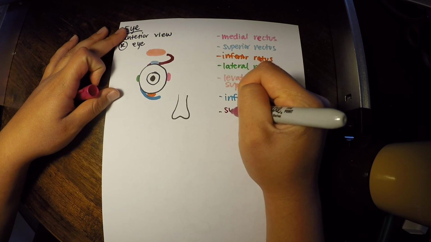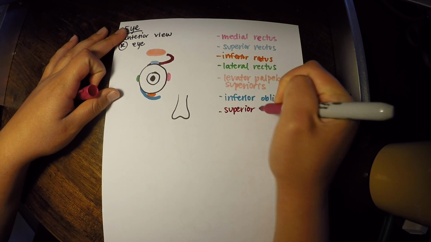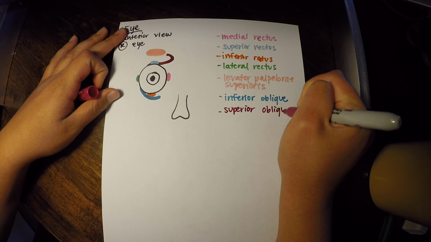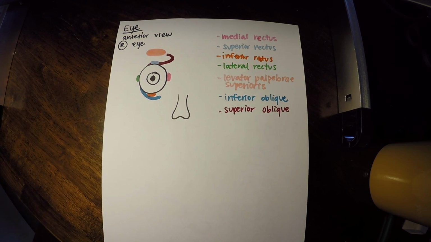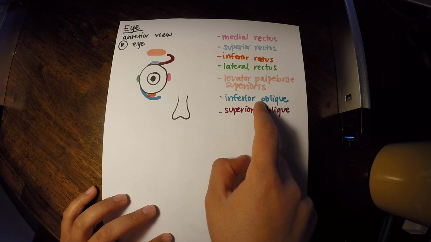So that's our superior oblique. And the superior oblique is going to bring your eye down and out, which remember is the opposite of what the inferior oblique does.